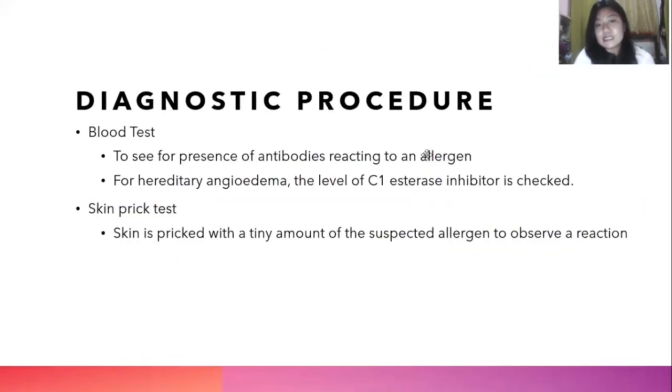Now, the diagnostic procedure for angioneurotic edema is that there will be blood tests. This is to see for presence of antibodies reacting to an allergen. As for hereditary angioedema, the blood test would check for the level of C1 esterase inhibitor or C1 INH.